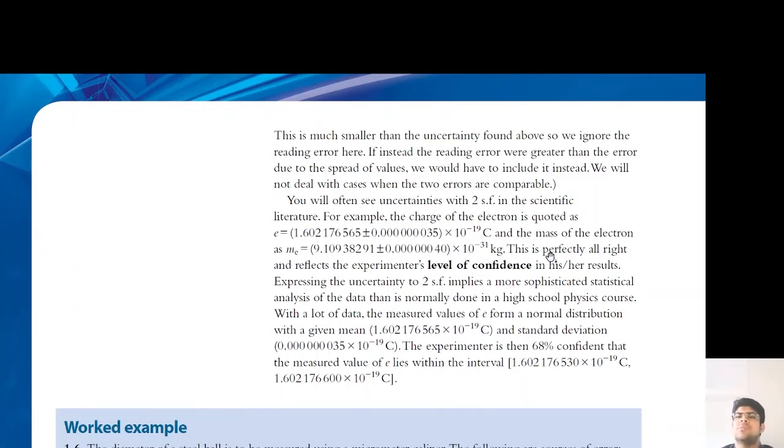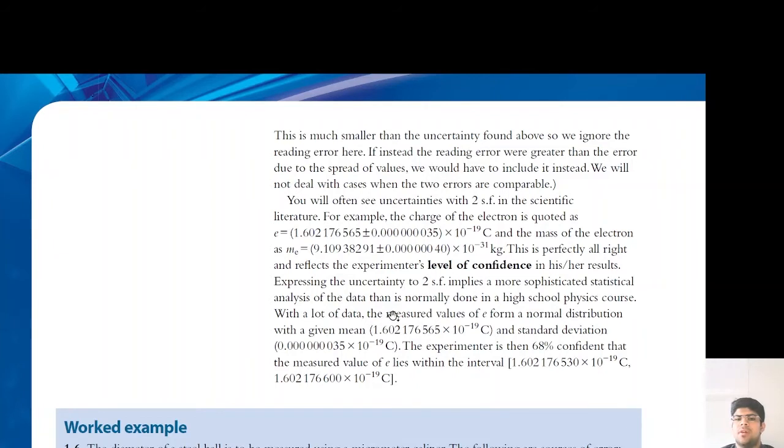This is perfectly all right and reflects the experimenter's level of confidence in his or her results. Expressing the uncertainty to two significant figures implies a more sophisticated statistical analysis of the data than is normally done in a high school physics course.